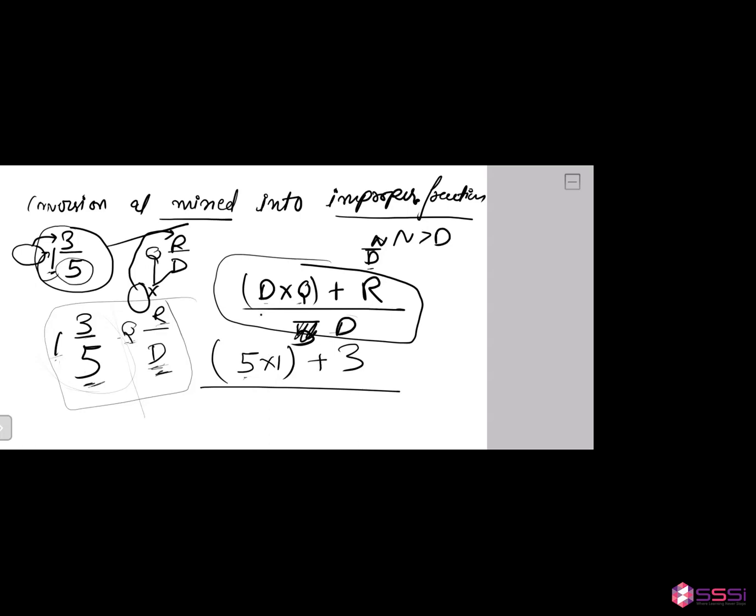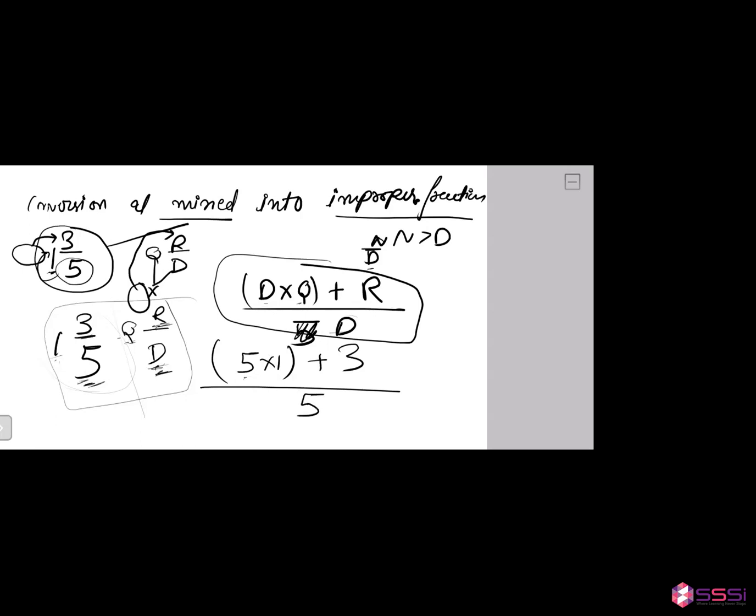What is R here? Ma'am, R is 3. Now I'm again asking, we need to divide this whole with D. What is D? 5.